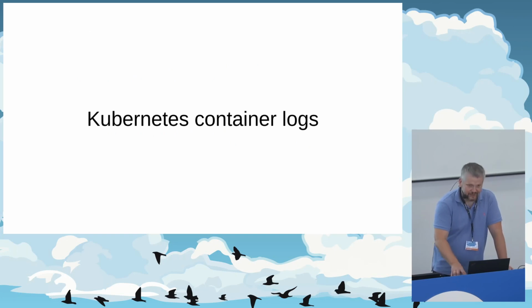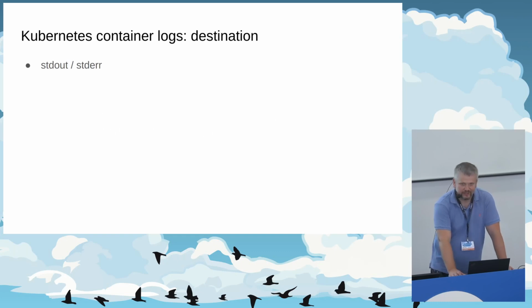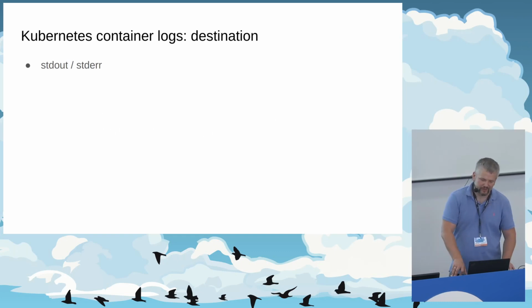How are these logs generated? What are the destinations for logs generated by Kubernetes? The most common destination of logs is stdout and stderr. This means that applications which run in Kubernetes containers just put their logs into stdout and stderr.